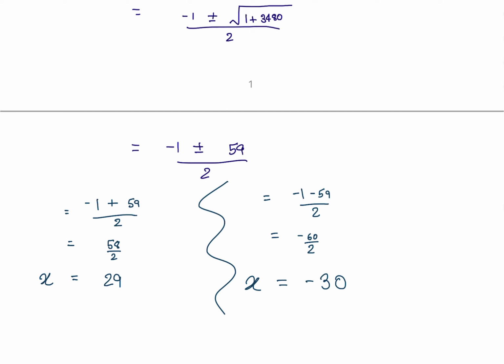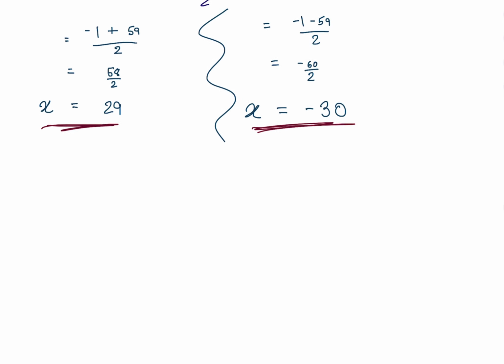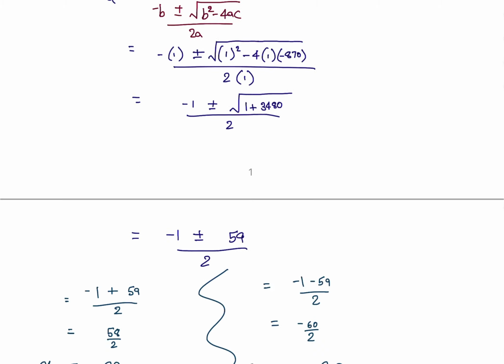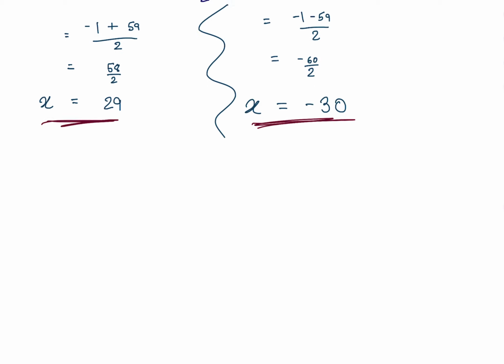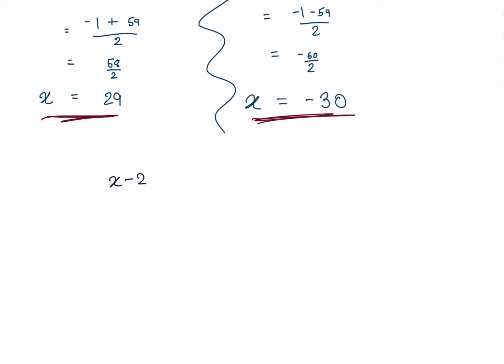So we now have both of our values of x, which are 29 and negative 30. So we can write out our equation as x minus 29 times x plus 30 gives us 0.